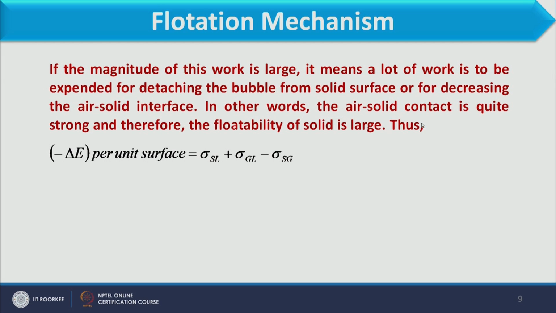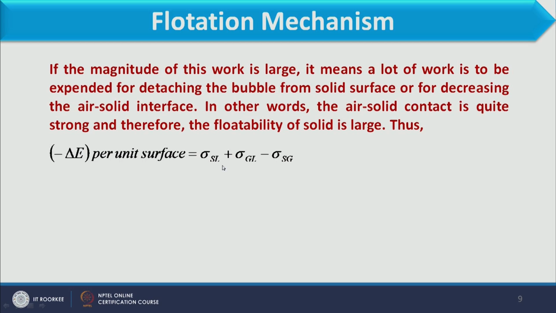And if we want to express the energy mathematically, how can we represent it? When an air bubble is formed on the solid, energy is released from solid to air. So when we are considering total energy of the solid, the balance should be in terms of sigma SL, that is between solid and liquid, plus sigma GL, because that is positive energy.